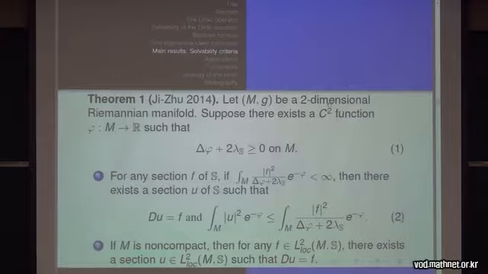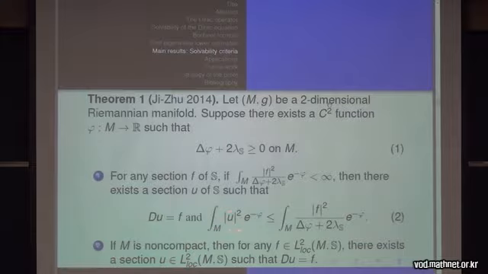If there is an L2 function phi satisfying this inequality, and in the compact case, if this integral is finite, then we can solve Dirac and we can control the solution by this estimate.